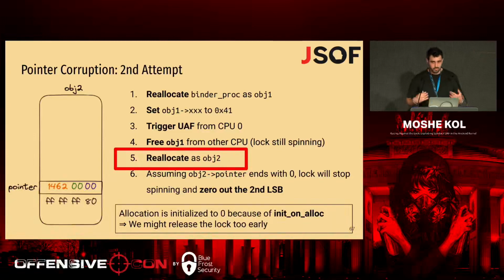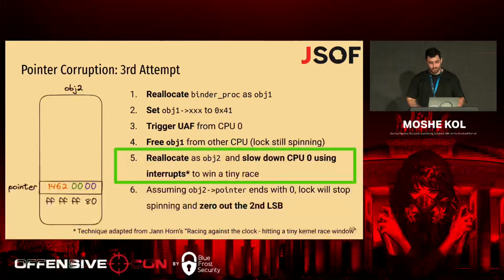And of course, if it uses kzalloc or kcalloc, then the memory is initialized to 0. And this is a problem because the lock will see the memory being initialized to 0 before it will see the kernel pointer, so it will be released too quickly, so we won't get our corruption. So the solution to that was to slow down CPU 0 significantly using interrupts and win this tiny race.